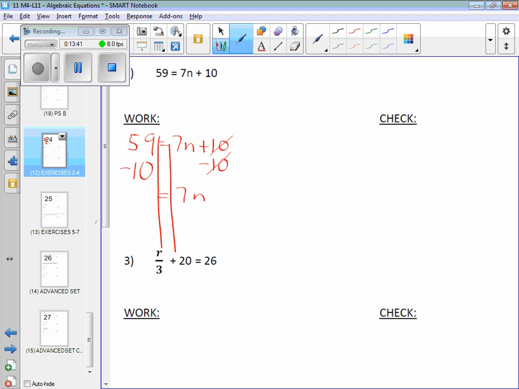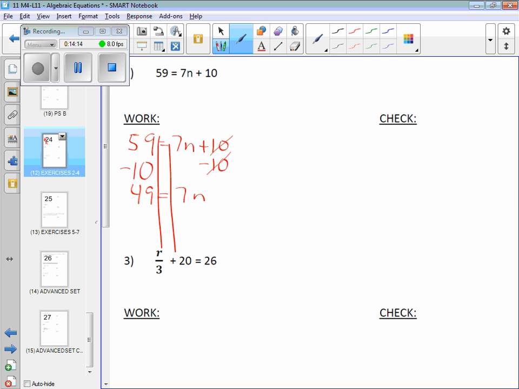Okay, 59 take away 10. All right, now what? Halfway home, what's next? Well, what side still has a variable on it? What side, right or left? What's being done to n?